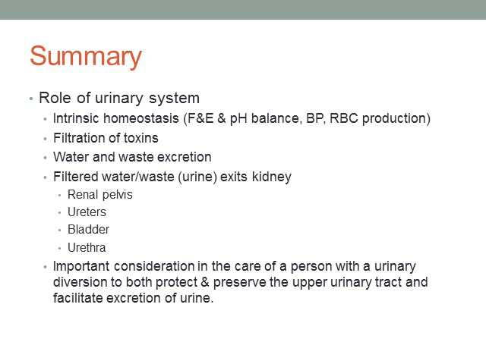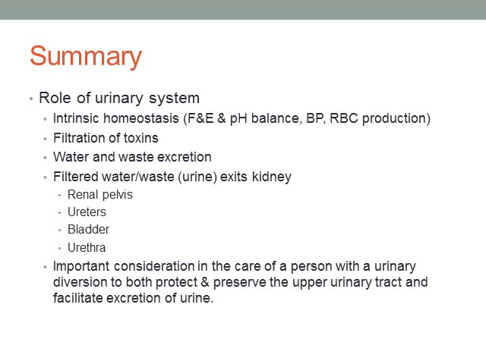As filtered water and waste, as urine, exits the kidney, it enters the renal pelvis, is propelled by the ureters through low-pressure peristaltic waves, and connects to the bladder. The ureteral junction to the bladder has an anti-reflux system that is inactive during bladder contraction.